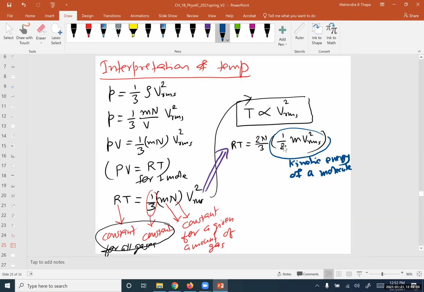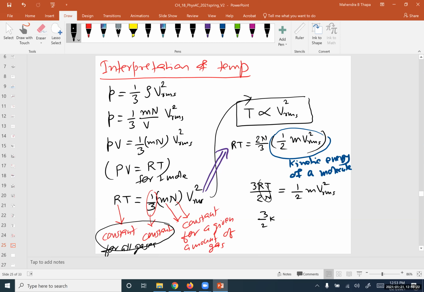Okay, so you can write, I am going to rearrange, so you can see 3RT over 2n equals half m v RMS squared. You know that this R over n is the Boltzmann constant.